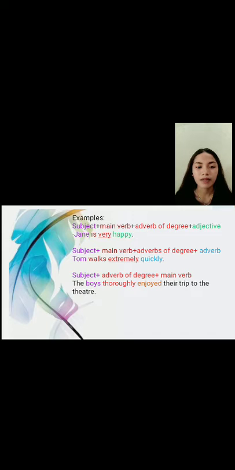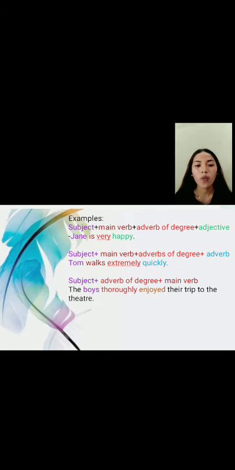So next, subject plus main verb plus adverbs of degree plus adverb. So example, Tom walks extremely quickly. So extremely is the adverbs of degree, or the highest intensity of the adverbs of degree. So it says that Tom walks extremely quickly.